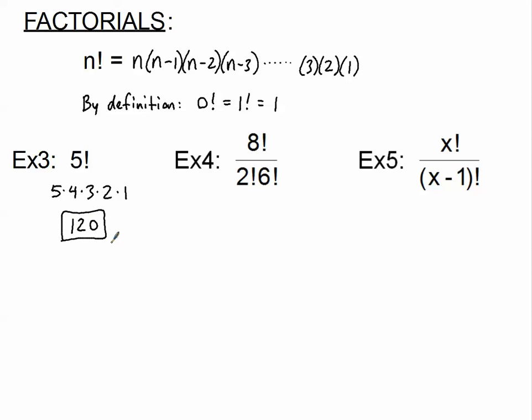Now, if you wanted to do this on your calculator, I'll give you where this is. If you push the math button on your calculator, and you go over to the probability menu, PRB, I believe number 4 is your factorial exclamation point.